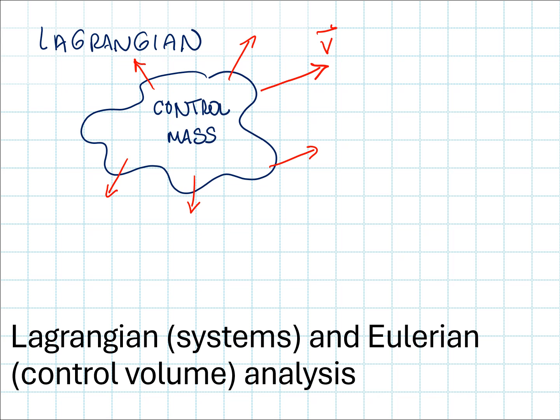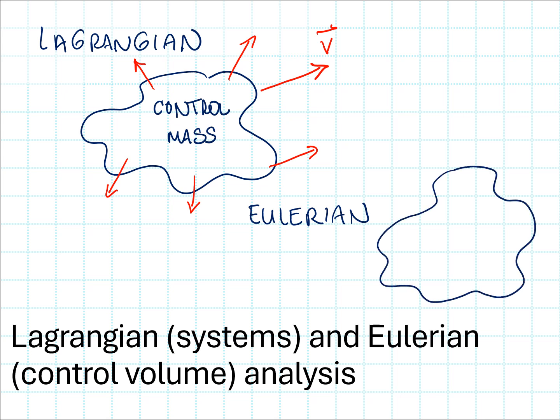But fortunately, we have a second option that we can use to analyze moving fluids, and this is called the Eulerian approach. So in our Eulerian approach, instead of just following a system of mass, we are going to designate a control volume, abbreviated by CV.